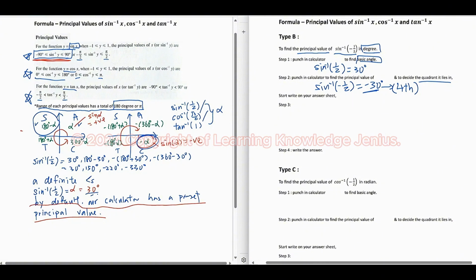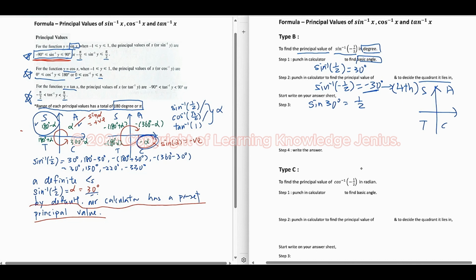So the angle actually goes clockwise. So what you will do then is, from here, first step you write sine 30 degree is equal to half. Next, since you conclude this is a fourth quadrant and it's a negative alpha, you can, if you want, write here ASTC.